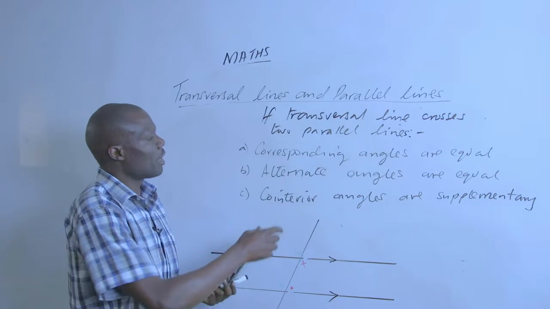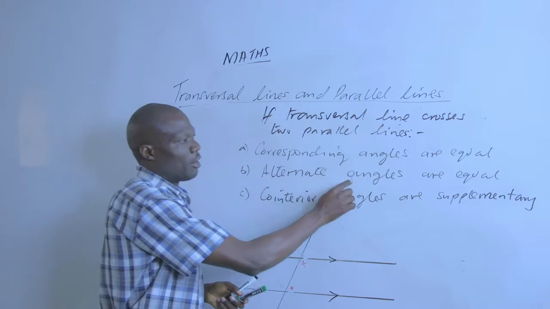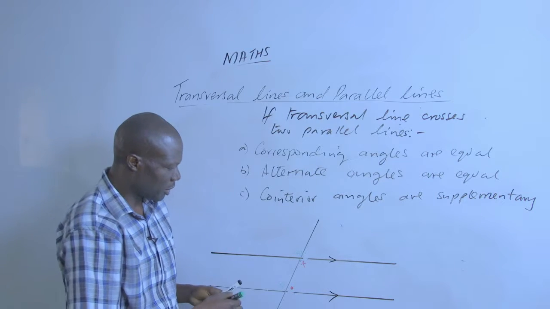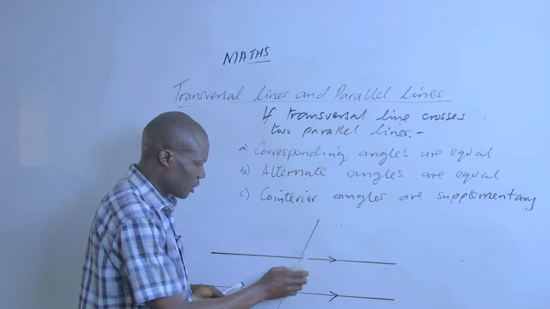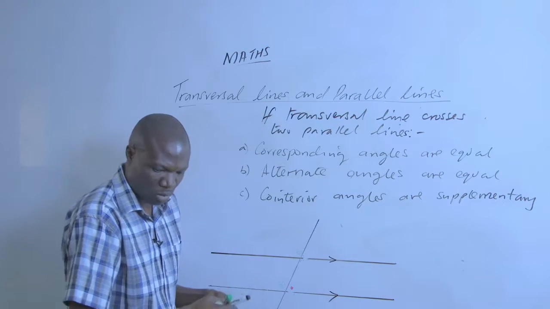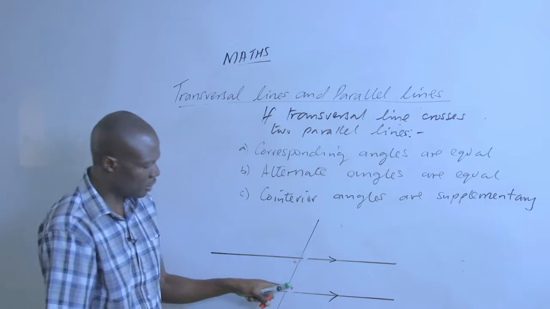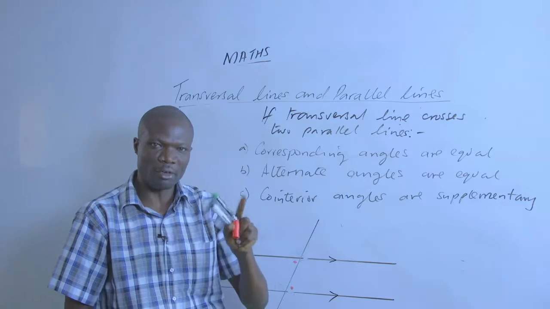Two, if the transversal line crosses two parallel lines, then alternate angles are equal. To find alternate angles in this particular case, we shall notice that the alternate angles, the ones I've used the dot to mark, these two angles, this one and this, are alternate and therefore they are equal.